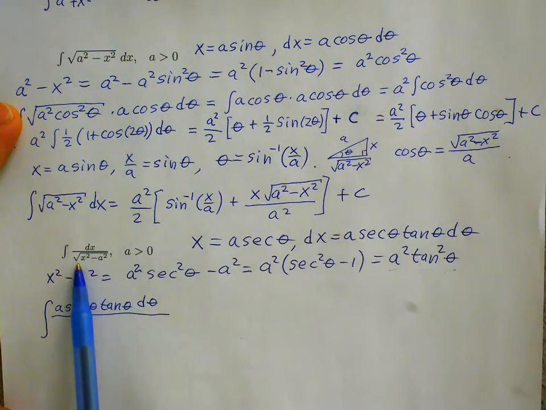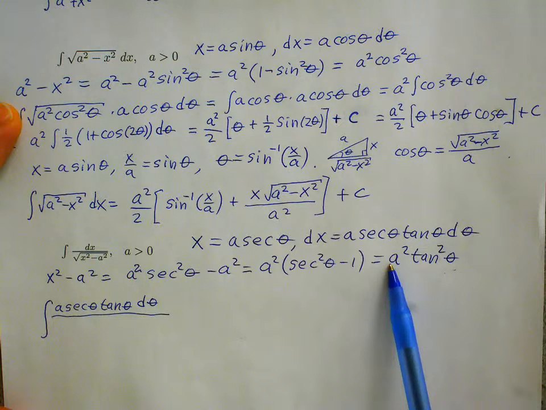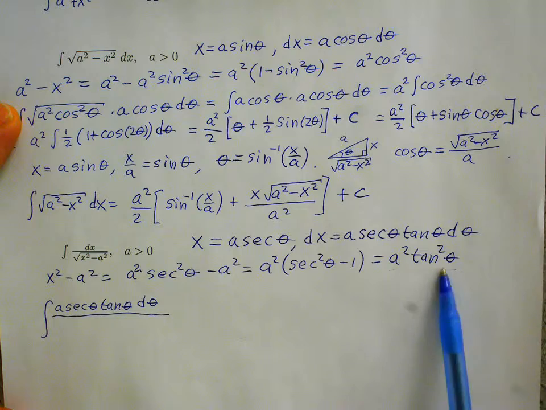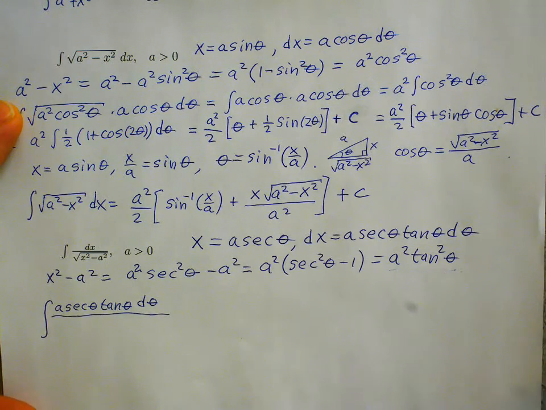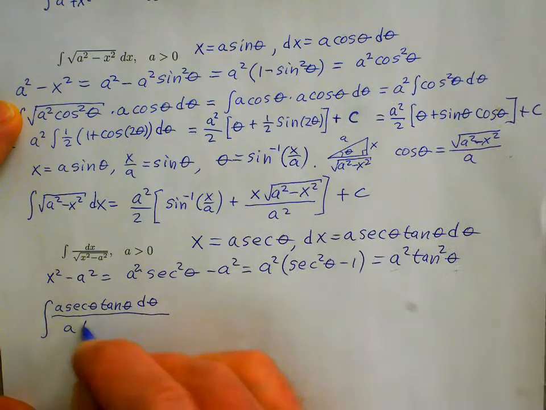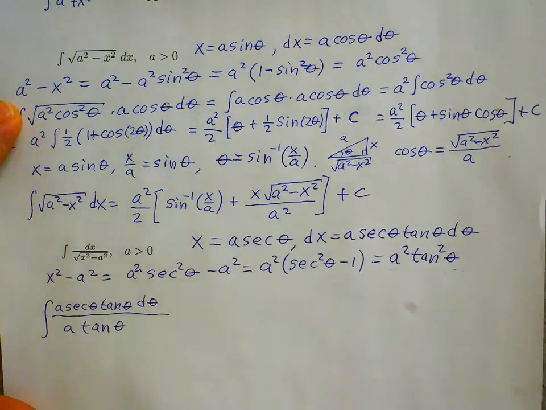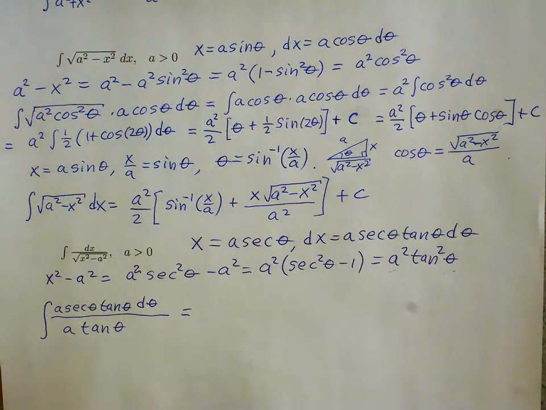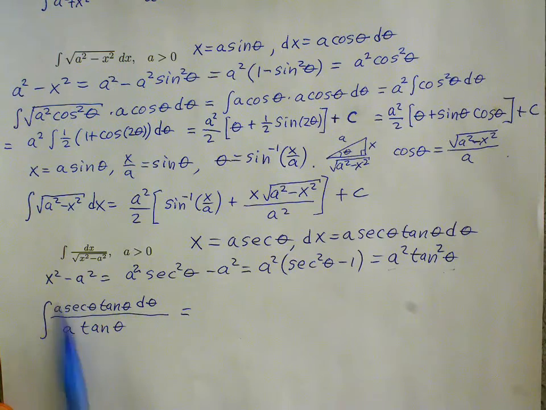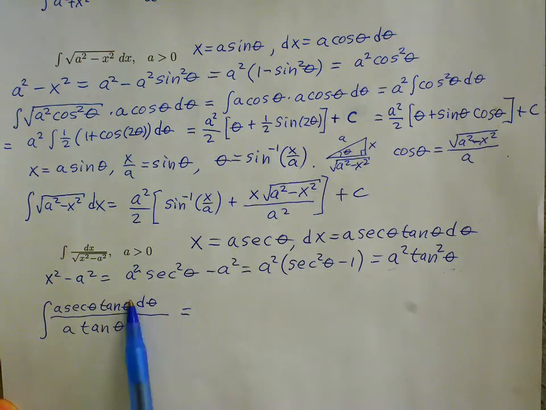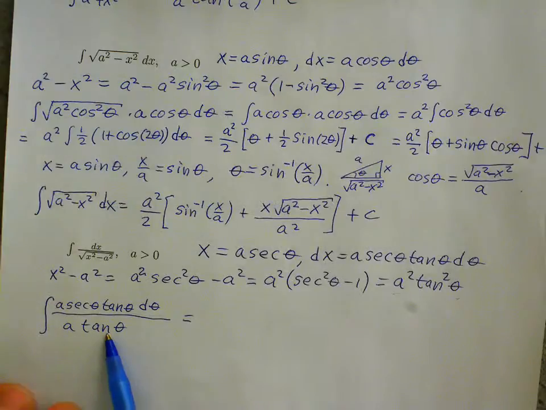And I'll do two steps in one. We're going to have the square root of a to the second times tangent of theta squared, and that will simplify to a times tangent of theta after we take the square root. And then we can simplify this integrand. A divided by a is 1, and tangent of theta divided by tangent of theta is 1.